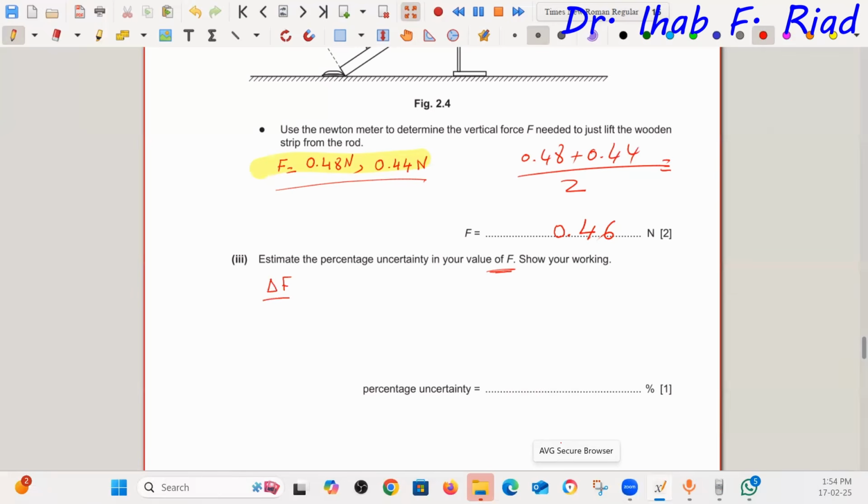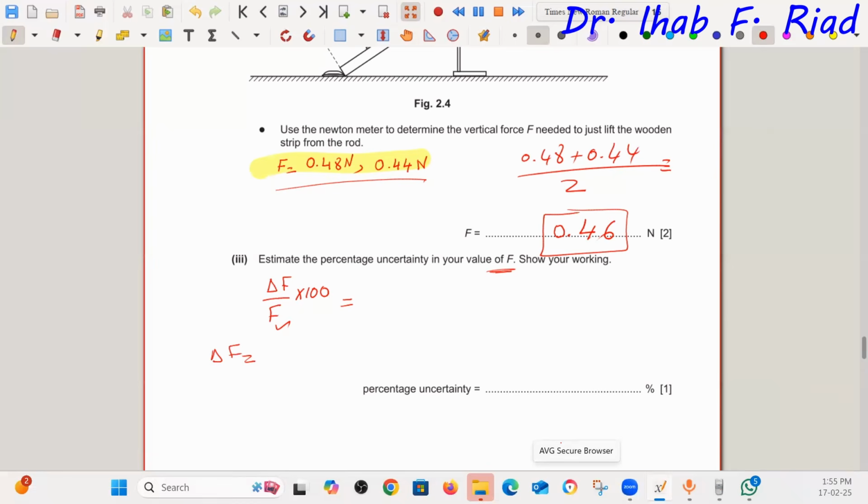Yes, delta F divided by F, times 100. We know F, right? It is this average value. Do we know delta F? No. How can we calculate it? From the device uncertainty.